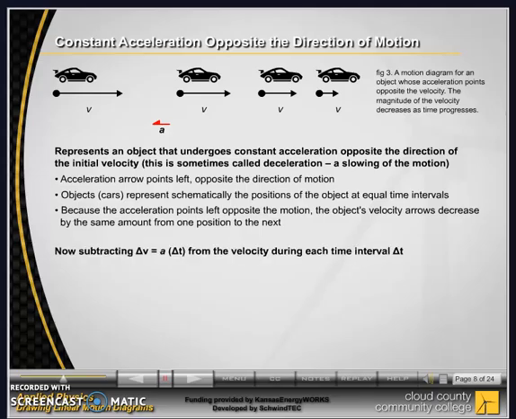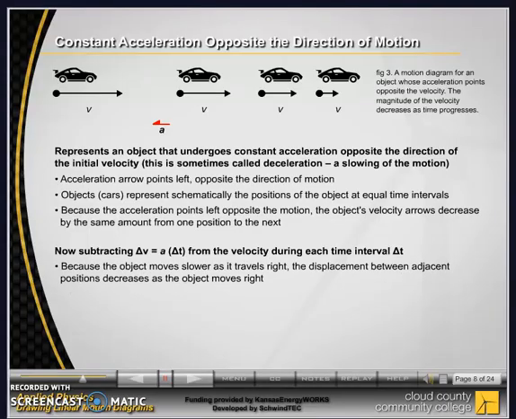We are now subtracting delta v equals a times delta t from the velocity during each time interval delta t. Delta represents the term change, so read this as change in velocity and change in time. Because the object moves slower as it travels right, the displacement between adjacent positions decreases as the object moves right. This implies that the acceleration is in the opposite direction to the direction of the velocity.